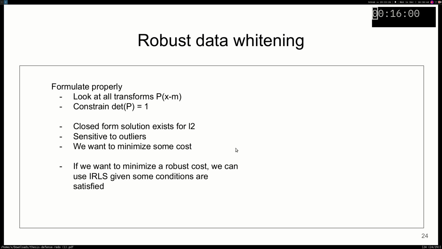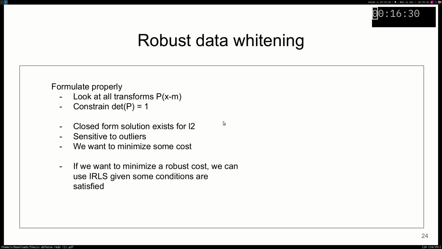Now, what we are looking at is robust data whitening. So let's reformulate this slightly differently. Let's look at all possible transforms P of x minus mu, and let us constrain the determinant of P to be equal to 1. Then let's say we want to minimize some particular cost. If that cost is an L2 cost, then a closed form solution exists and can be described as follows.